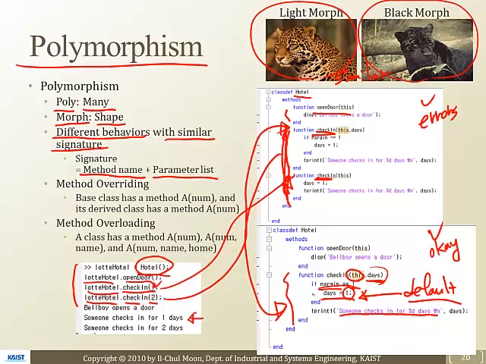This means that we can use this function check-in with many different sets of parameters, with different settings of the parameter sets. And it means that we are using different signatures, multiple signatures for a function.